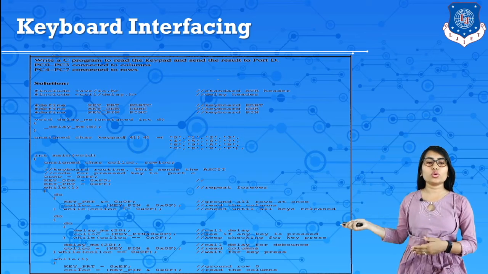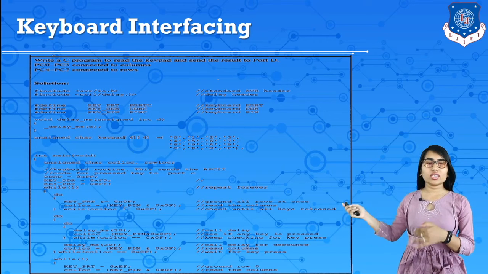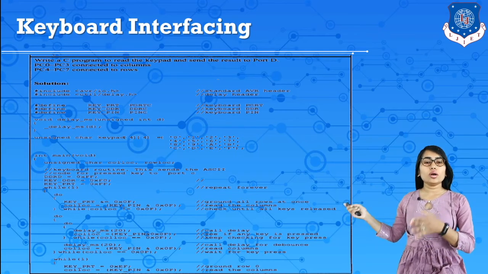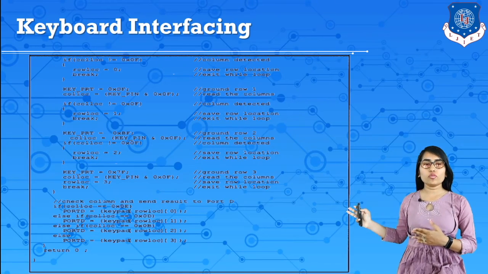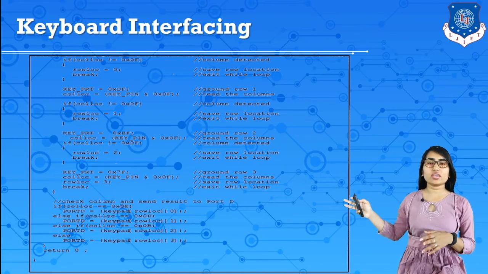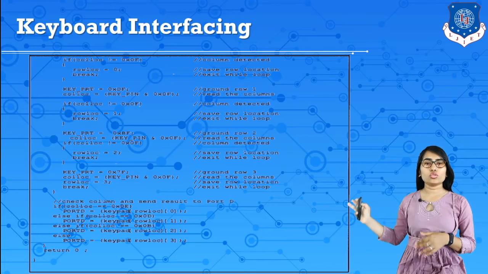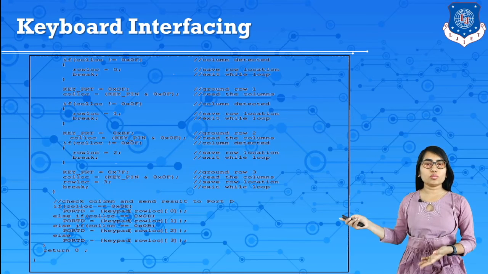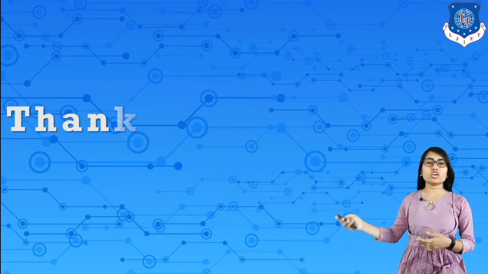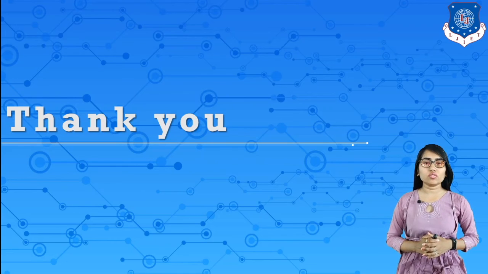This C program is very easy to write for a keypad to check which key is pressed, and then the data is sent to port D. In the continuation of the program, it checks columns and rows, then checks which key is selected. This is how we can perform keyboard programming, or keyboard interfacing, with AVR. Thank you.